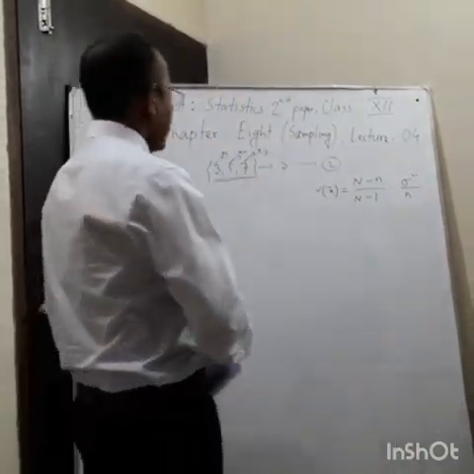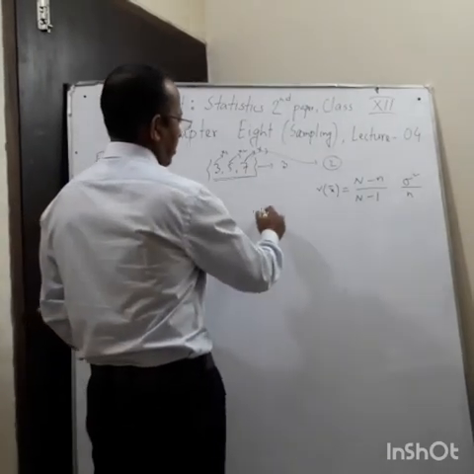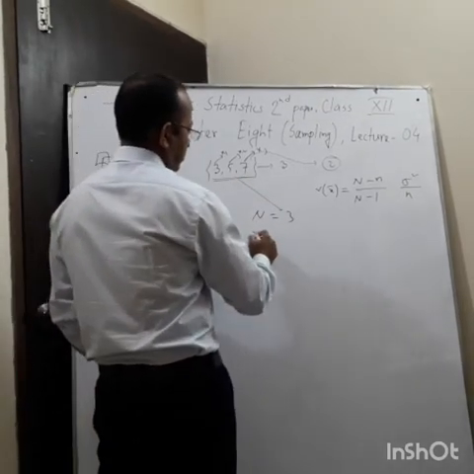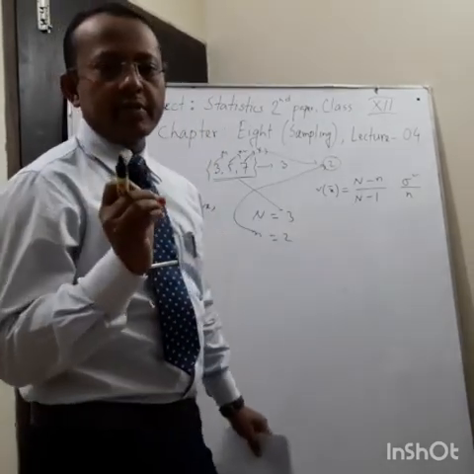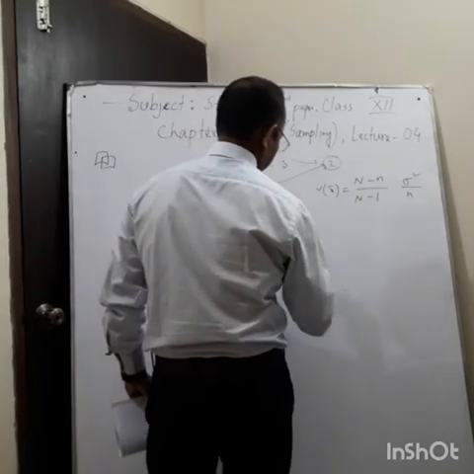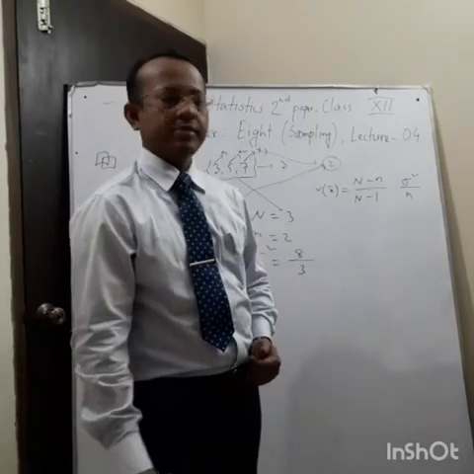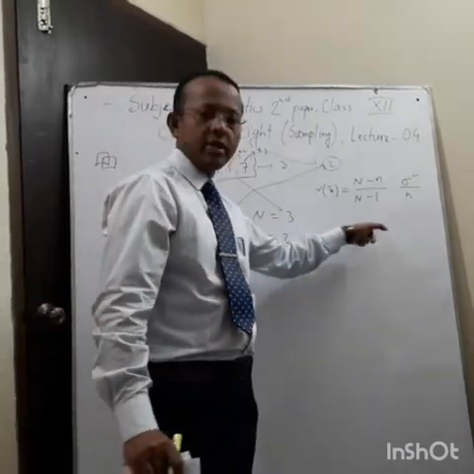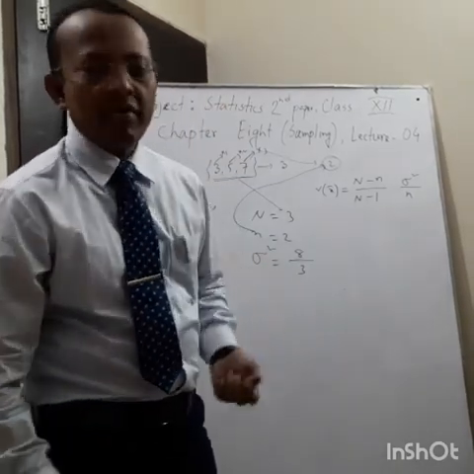So here capital N equal to 3, that is population size 3, small n equal to 2 because the sample size is 2, and sigma square equal to 8 by 3. Now if we replace these values here, then after calculation we get the required variance.